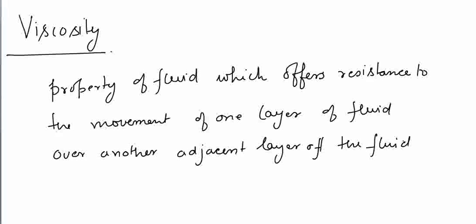So here it is a property of fluid which offers resistance to the movement of one layer of fluid over another layer of fluid. Now let us understand what it means.